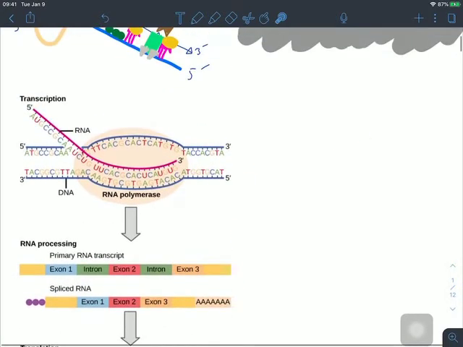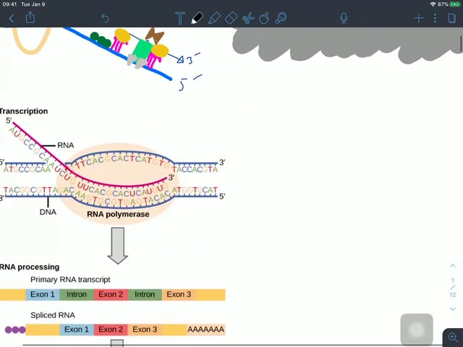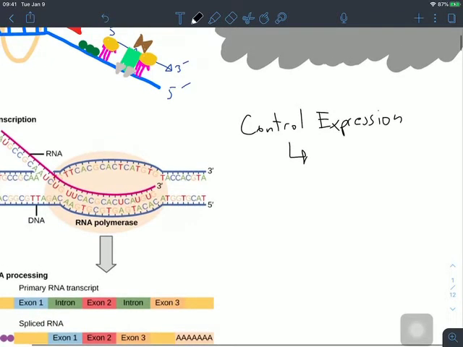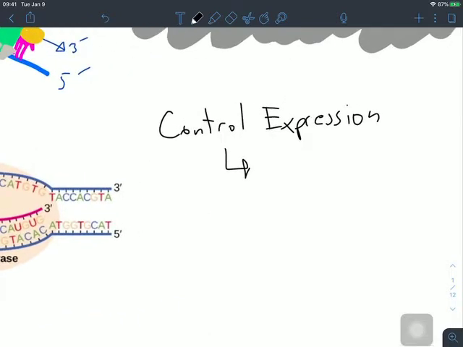Now altogether, this process is happening constantly in so many of our cells. And the ability to control this process, the ability to control expression, is so incredibly important because a control of gene expression is ultimately a control over metabolism and all of the functions of life.